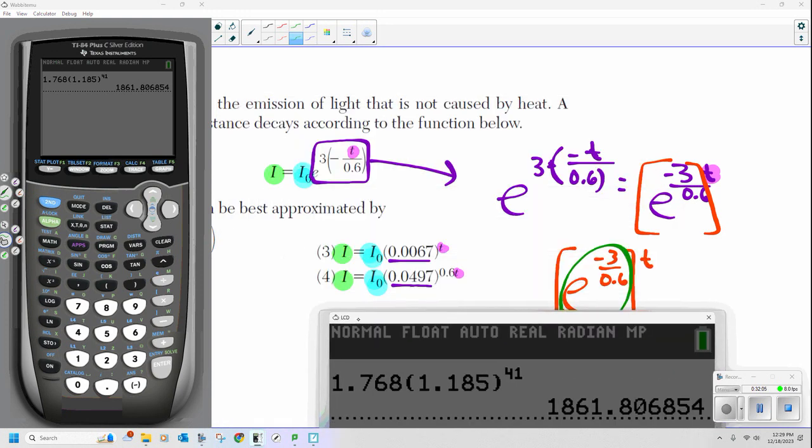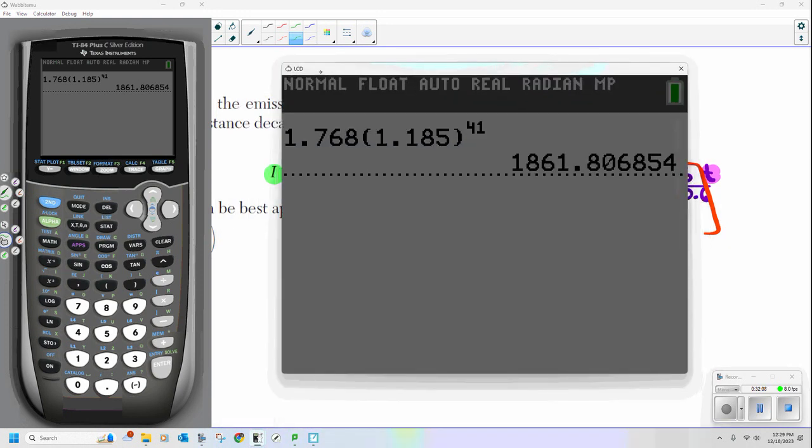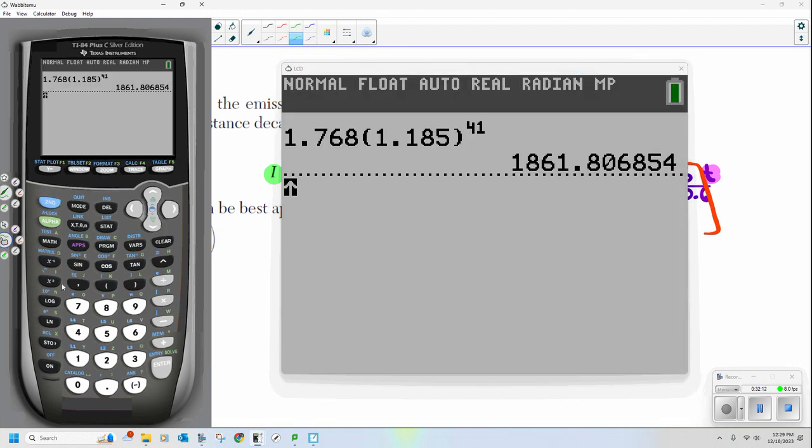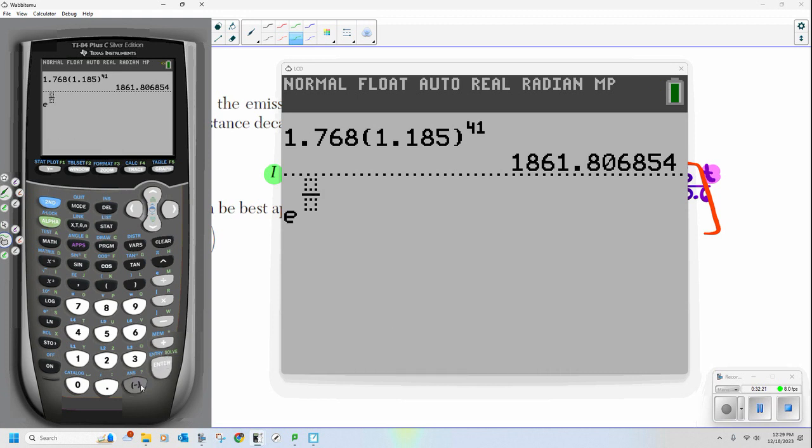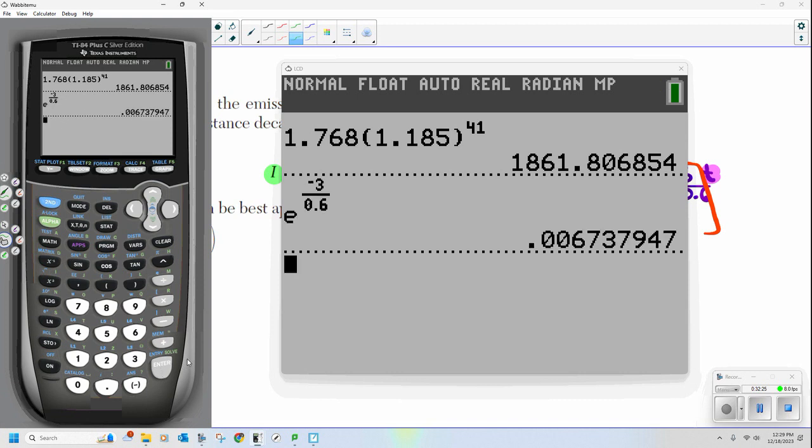Okay, so I've got e. I'm going to hit the blue button, second, and above ln it says e to the x. And that's a fraction, y equals, enter, negative 3 over 0.6.